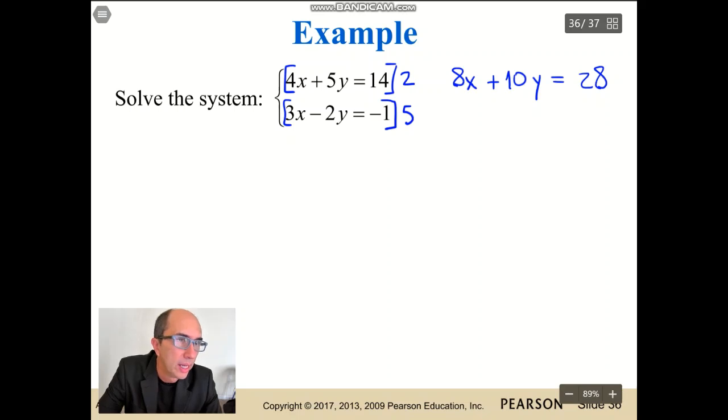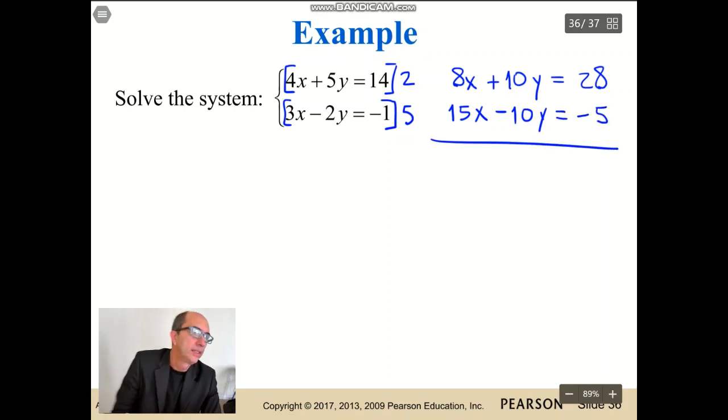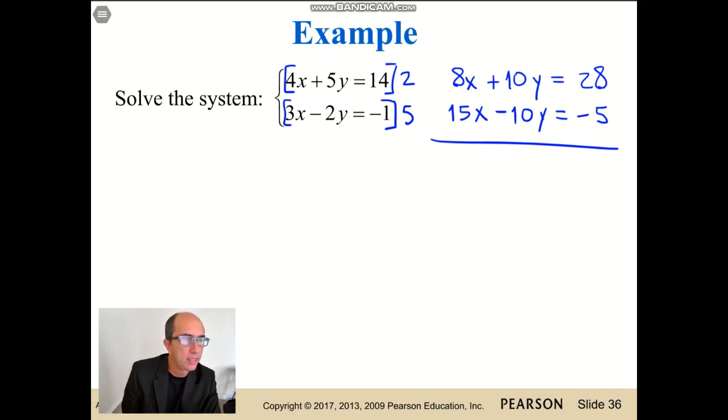And multiply the next one, both sides of the equation, by 5: 15x minus 10y equals -5. Excellent. Apply the addition property of equality and add both sides of the equations together.